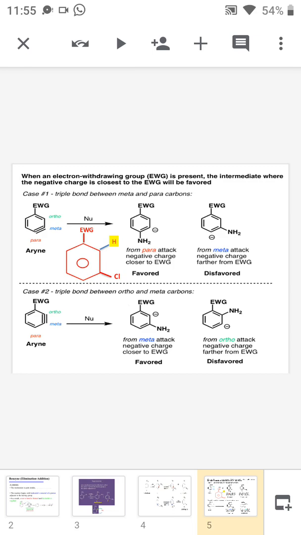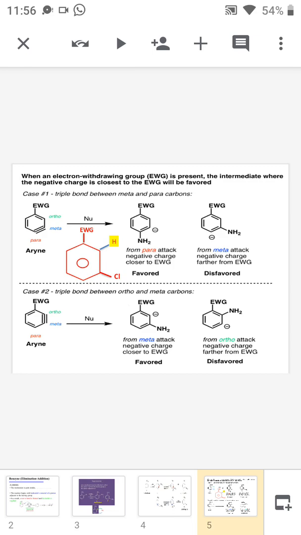So the benzyne intermediate shown at the bottom of the slide is the most preferred one. First of all we will discuss that intermediate. Please see the bottom of the slide.